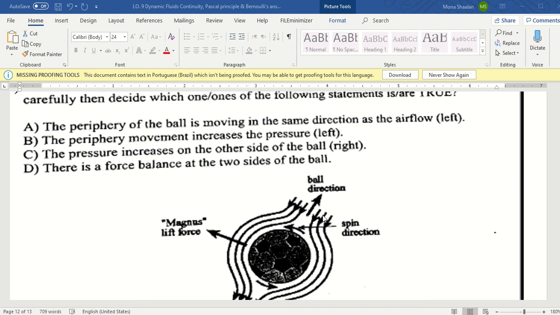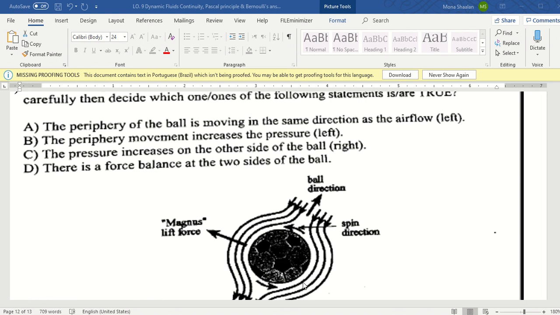Again, due to the spinning of the ball in this direction, according to this arrow, the ball is spinning in this direction. So the speed of flow will be increased here. So the pressure will be decreased in this region to the left, and to the right, it comes back here.